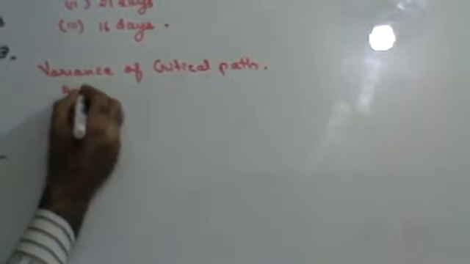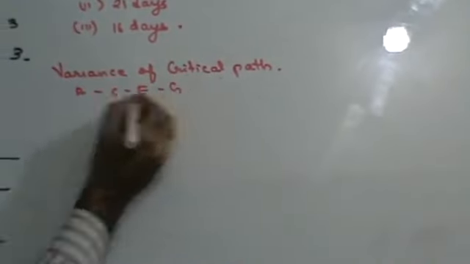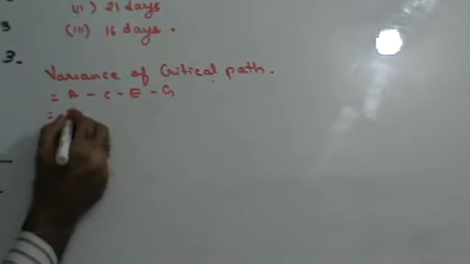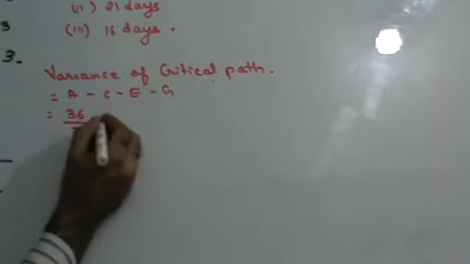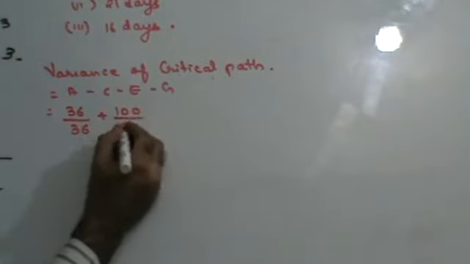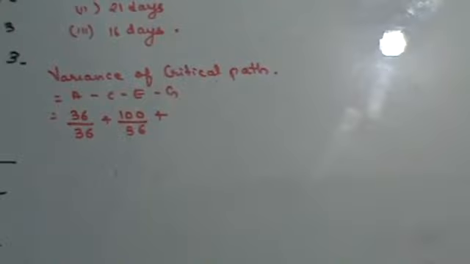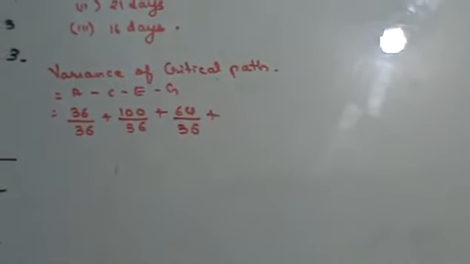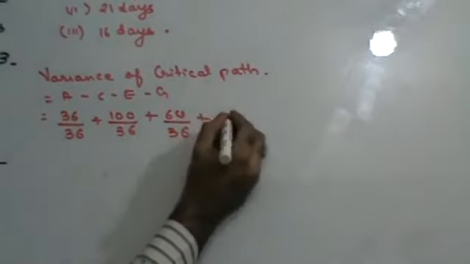My critical path is ACEG. The variance for A is 36 upon 36. C is 100 upon 36. E is 64 upon 36. And G is 4 upon 36.